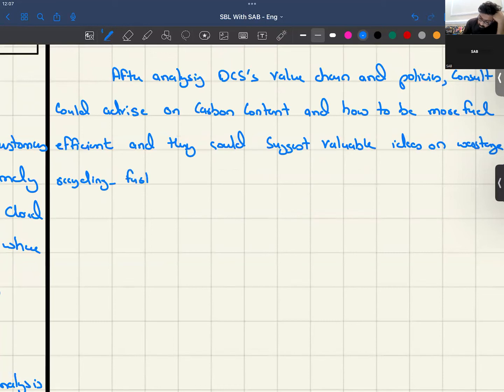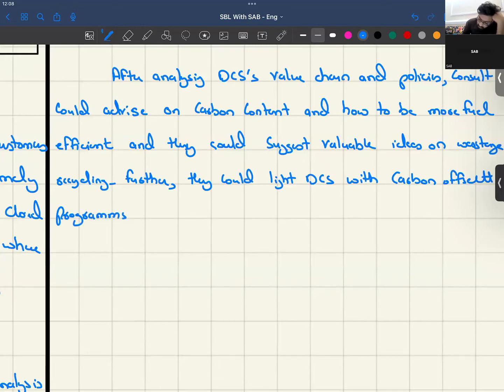Further, they could light up DCS with carbon offset programs, ethical sourcing, and greener manufacturing.